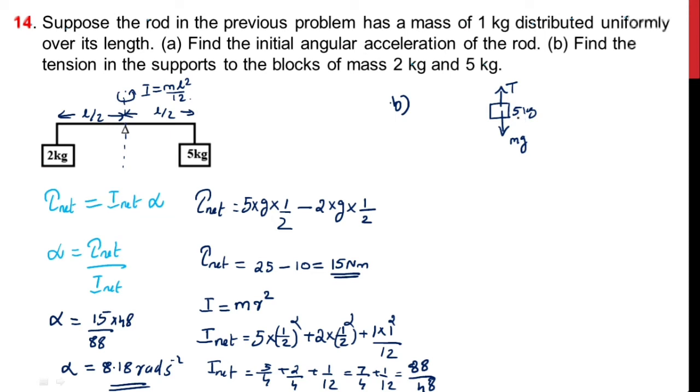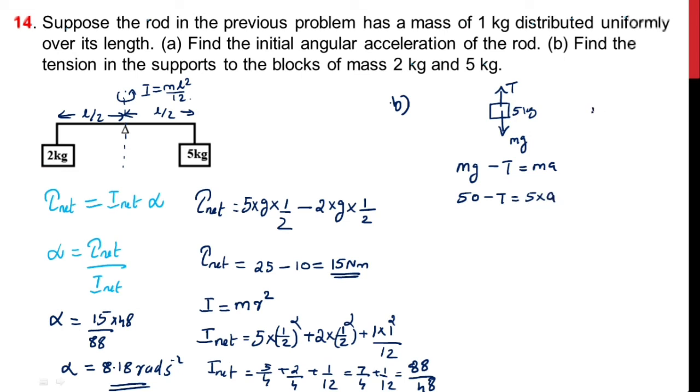The 5 kilogram block is coming downward, so we can say that it is accelerating downward. So the formula is mg minus tension is equal to m into a. mg is 5g, and we are taking g as 10 approximately, so 50 minus tension is equal to 5 into acceleration, but we don't know the acceleration.